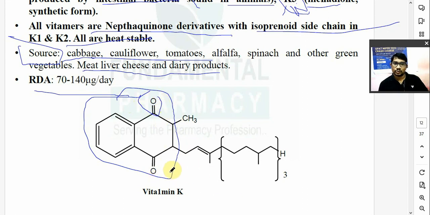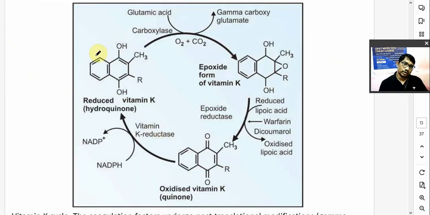So you can see over here, this is the reduced vitamin K. Now it is oxidized by vitamin K epoxidase enzyme, and it is converted into vitamin K epoxide. And during this process, ये oxidation process जो है, it is coupled with the gamma carboxylation of glutamate residue in the blood clotting factors.